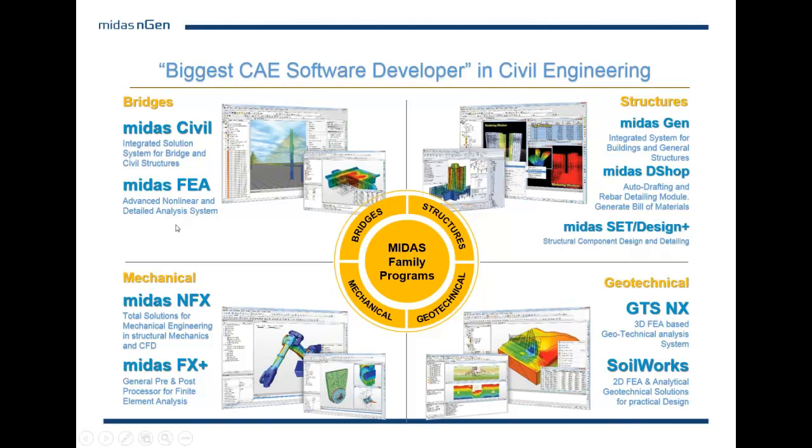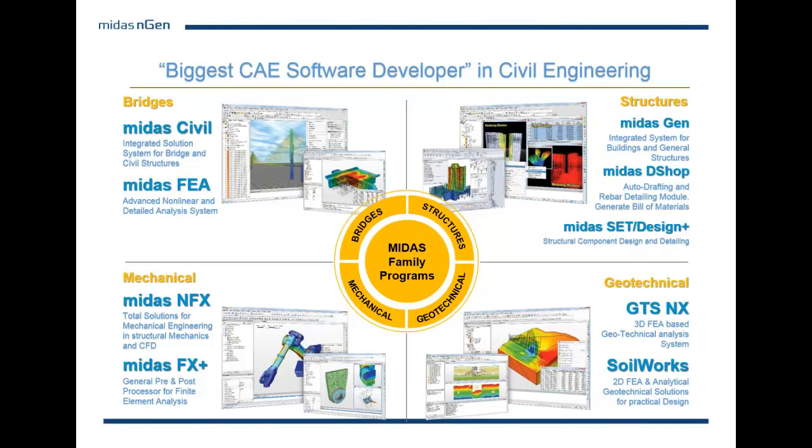Then further, you can look at the structures family programs now. Here we have MIDAS Gen, MIDAS nGen, MIDAS D-Shop, MIDAS Set and Design Plus. Today we are going to be looking at the structural program, which is MIDAS nGen, and we will see how it can perform the analysis and design.